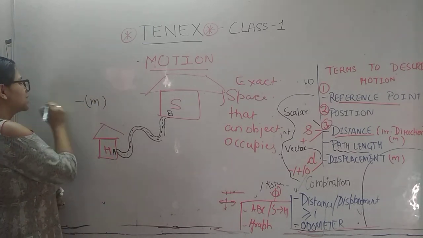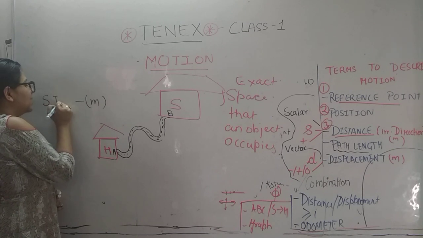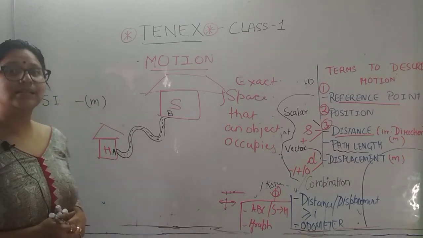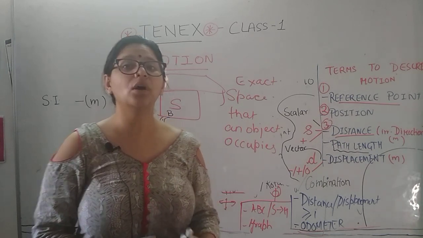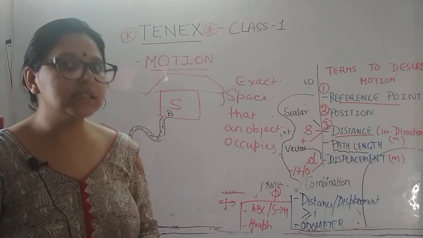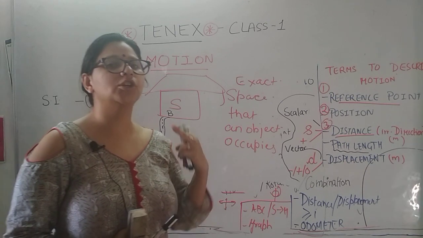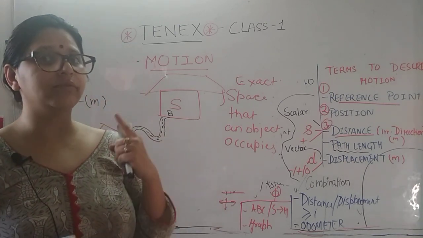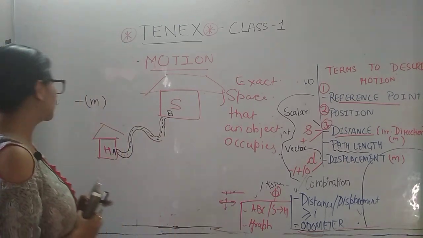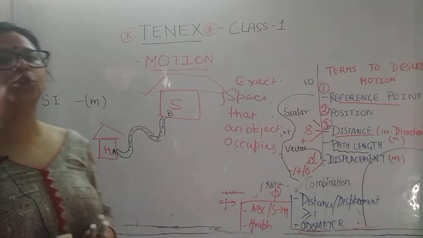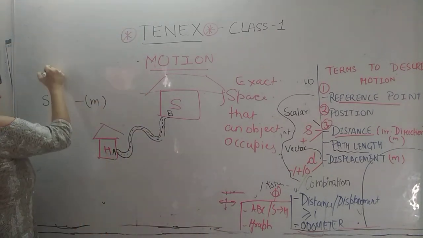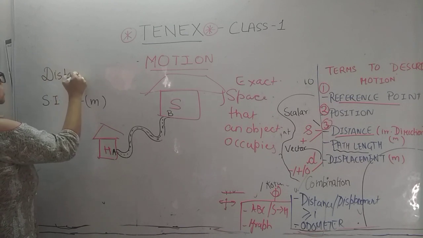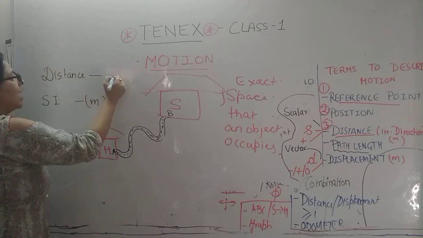So meter is the standard international unit for measurement of distance, guys. Okay? Okay guys, if I ever want to denote distance, distance is always denoted as S.